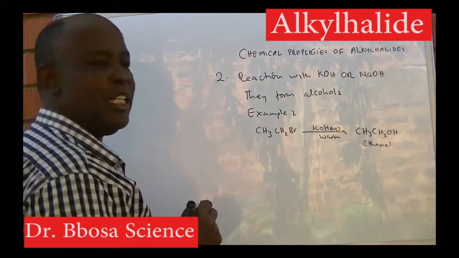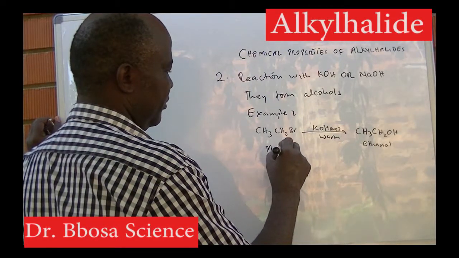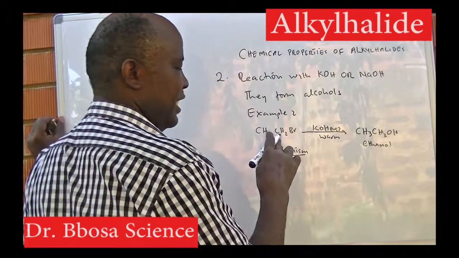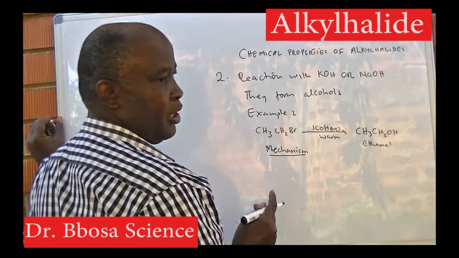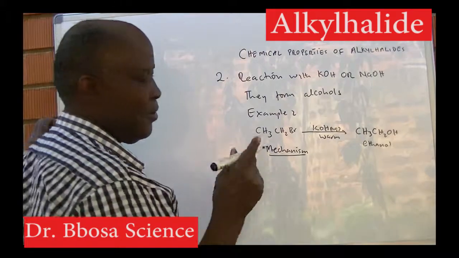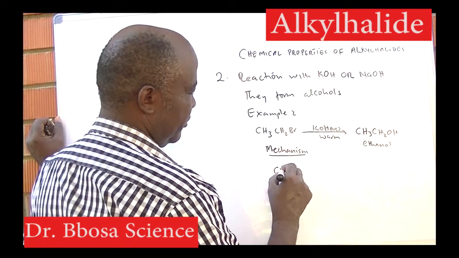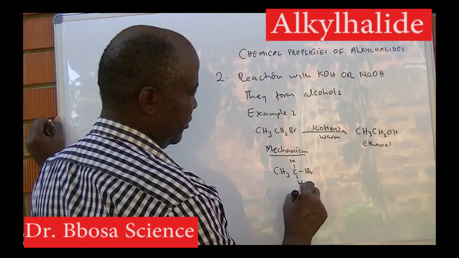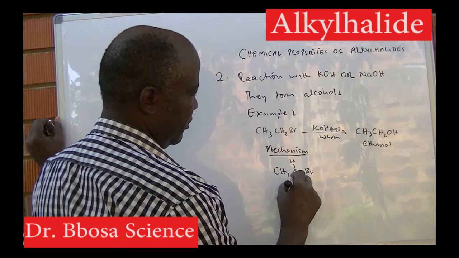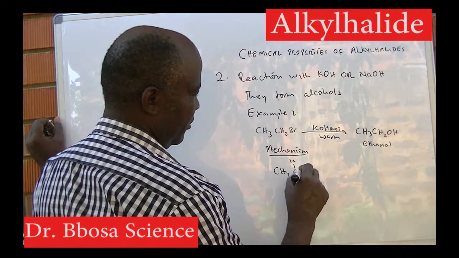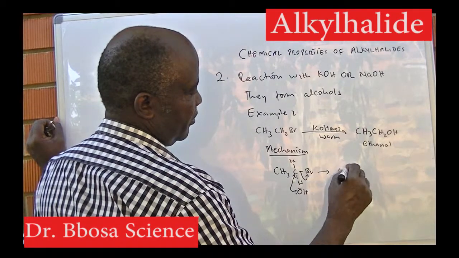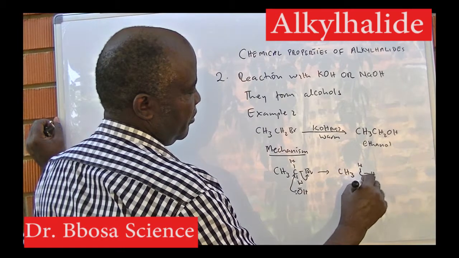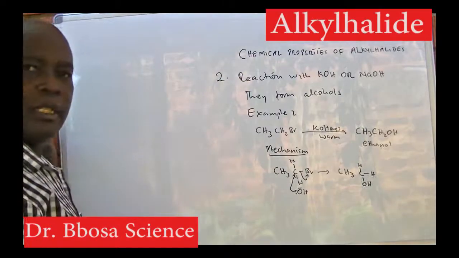The mechanism: bromoethane is a primary alkyl halide, so it undergoes the SN2 mechanism, to get the product.